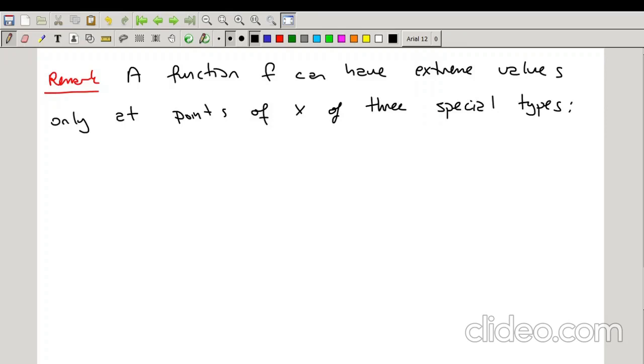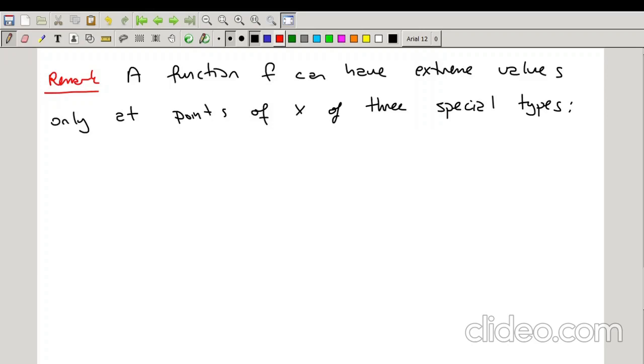And we will now study these special types of points. In other words, if we have extreme values, one of the 3 cases must hold. We have no fourth case. So if it is an extreme value, then either 1, 2 or 3 must be satisfied.